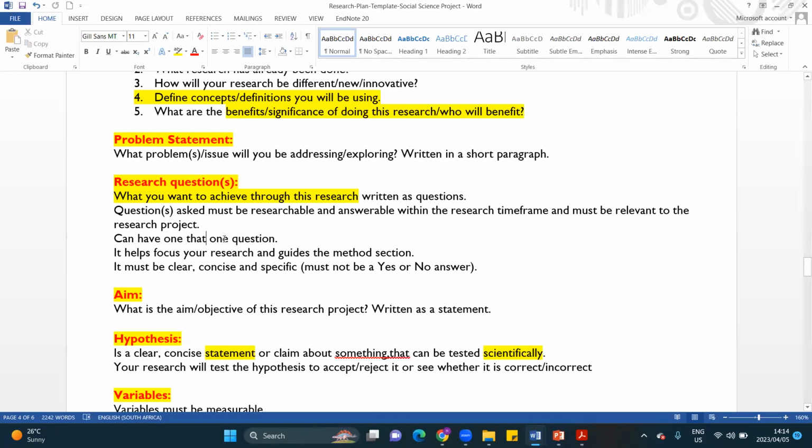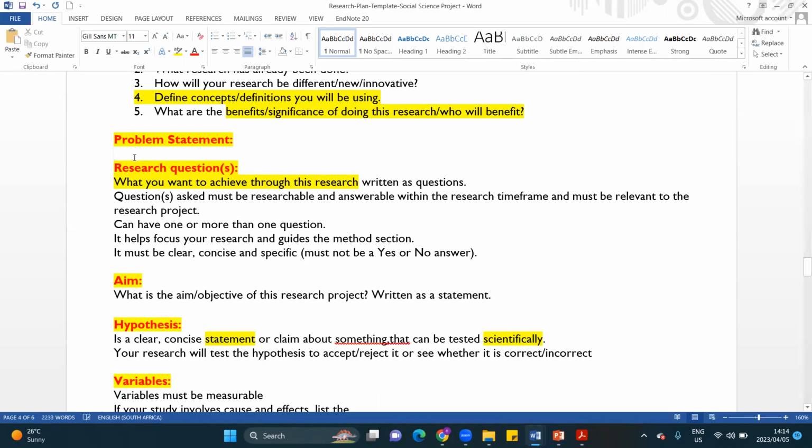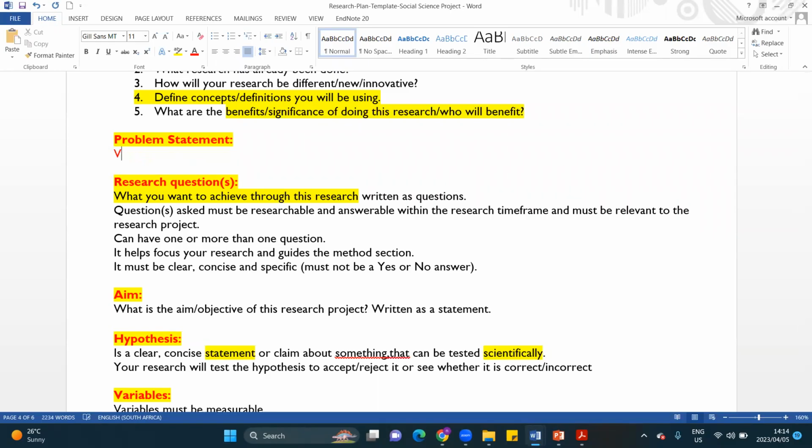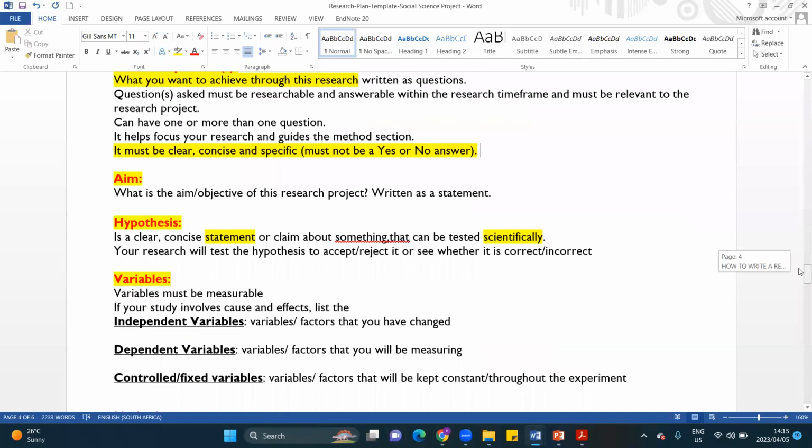Just to remind everyone that, as this is a Word document, all the learner has to do is delete and type in their information, whatever it is that they are doing. So the research question also, please make sure that it is clear, concise, specific, and must not have a yes or no response. You shouldn't be able to just say yes or no to that question. It must be something that can be investigated.